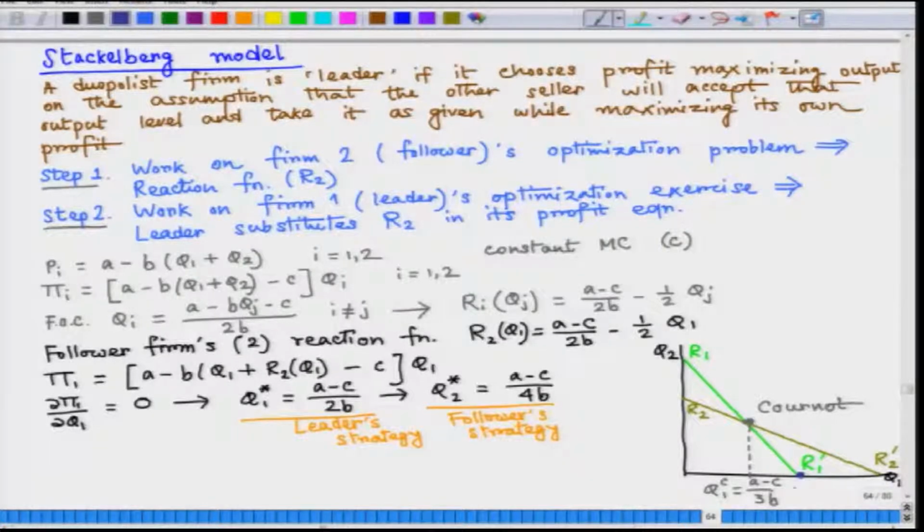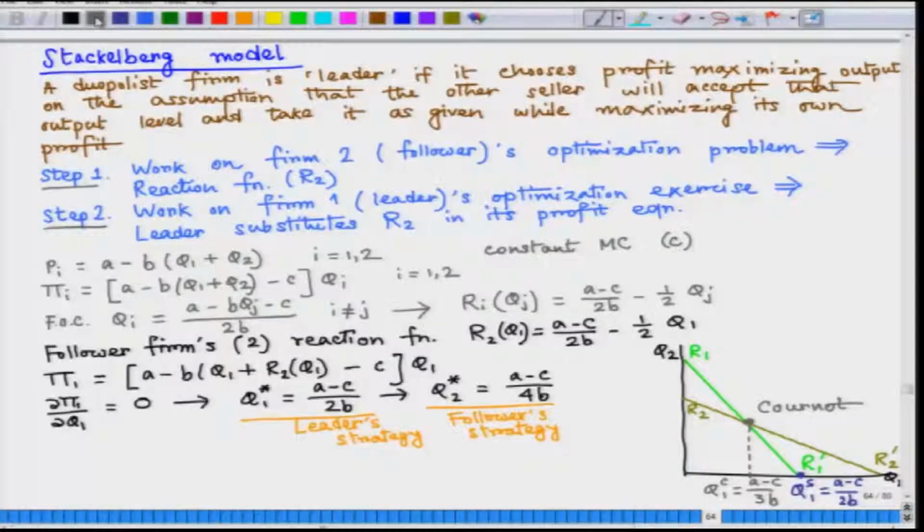So, basically this is my Stackelberg output for firm 1, which is also the leader firm, and that can be found as (A minus C) divided by 2B, right.